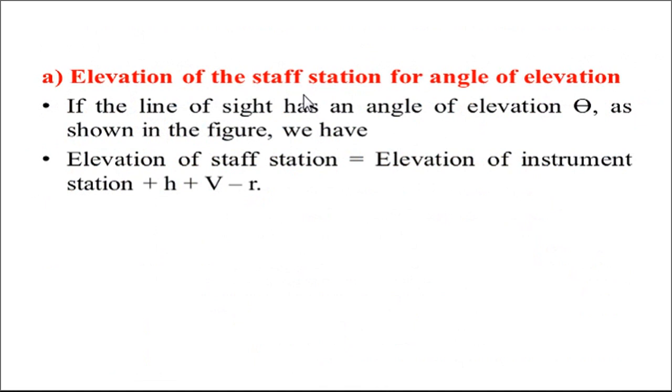Elevation of staff station is equal to elevation of instrument station, that is, the reduced level which is given, plus central hair reading plus V minus R. By this we can calculate the elevation of a staff station when the angle of elevation is there.